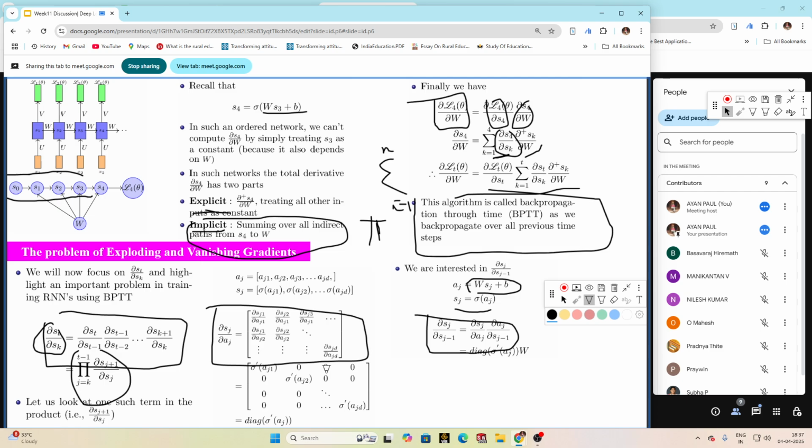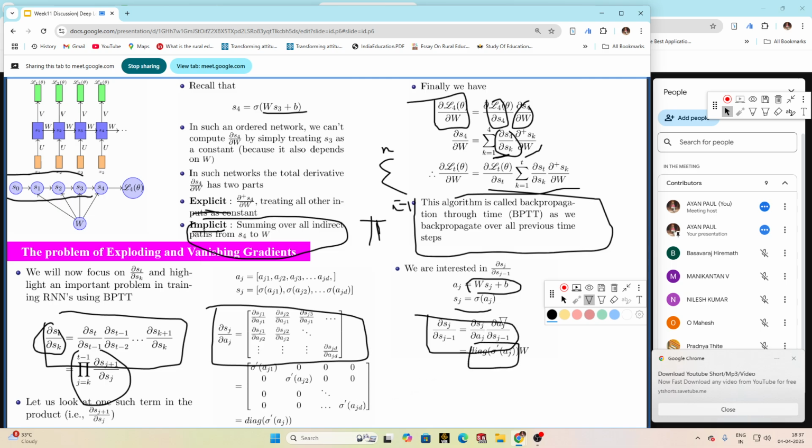In the non-diagonal terms we will not have values, because you can see this del sj2 by del aj1, as this aj is not related to sj2, so that is why this term will be 0. So only in the diagonal terms will values remain, the other places will be 0. So this is the first step.